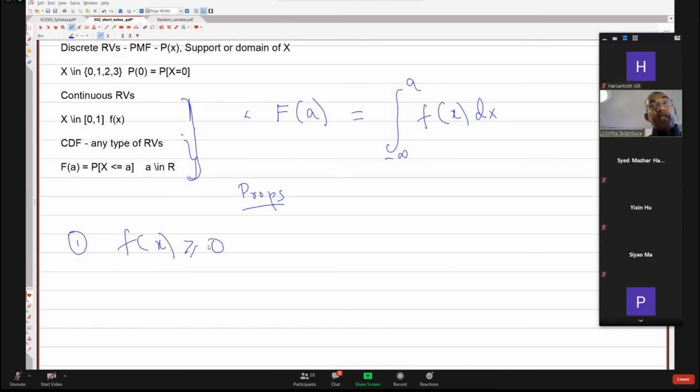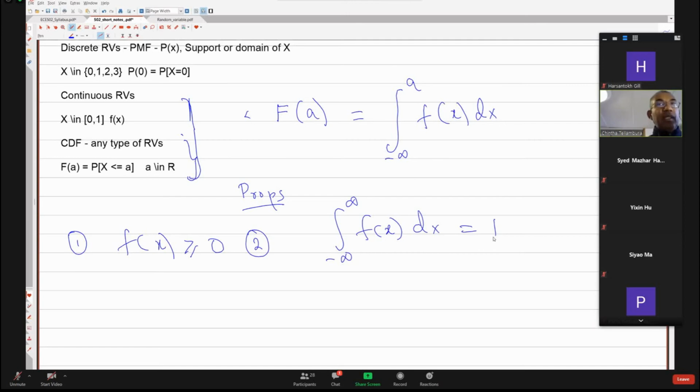Okay, it cannot be negative, because if it is negative, it doesn't make sense. I don't want to work with negative probabilities. So this must be a non-negative function. Then number two is the total area under the PDF is equal to 1. Okay, so this tells me that total probability of this experiment is 1.